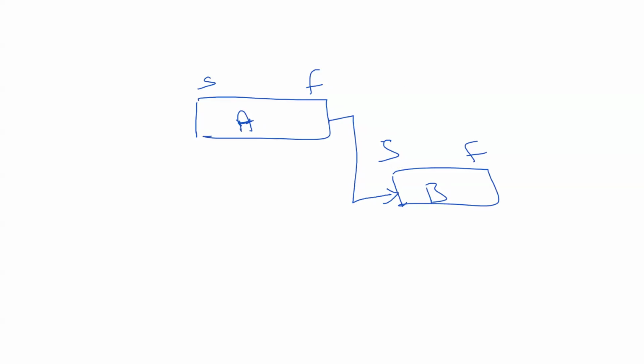Sometimes they will say in the arrow mark, let's say FS plus 5. How should you take this? FS plus 5: finish the first activity plus 5. Wait for 5 days and then start with the next activity. This is a lag. So a positive value with the relationship is a lag.